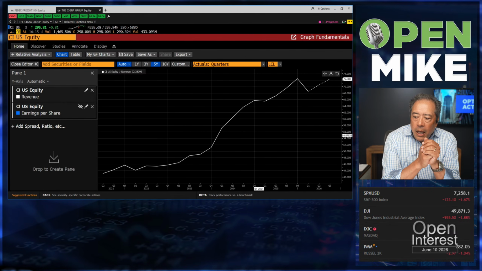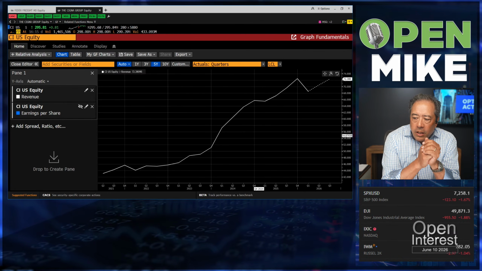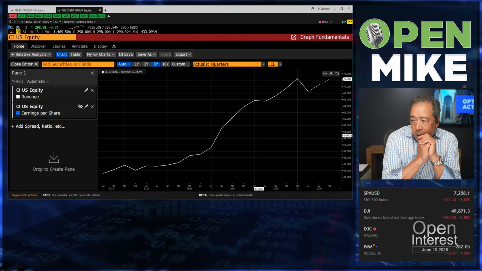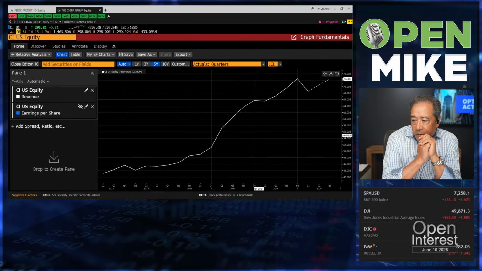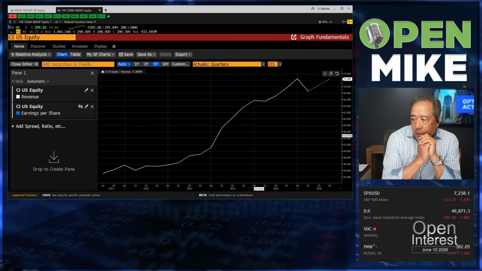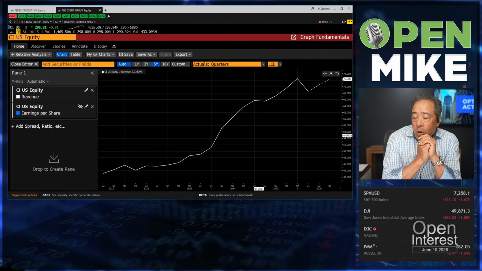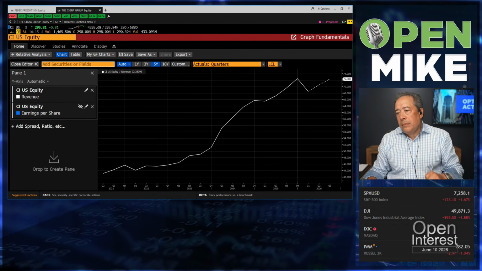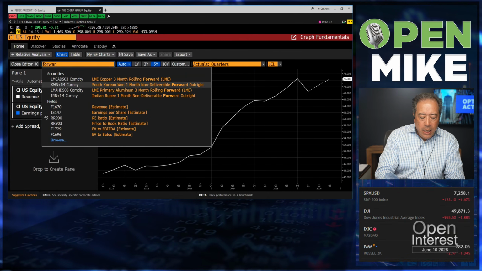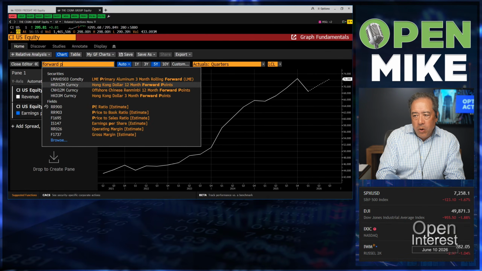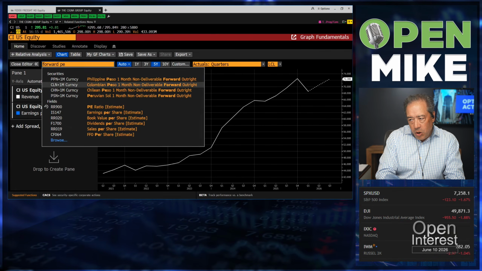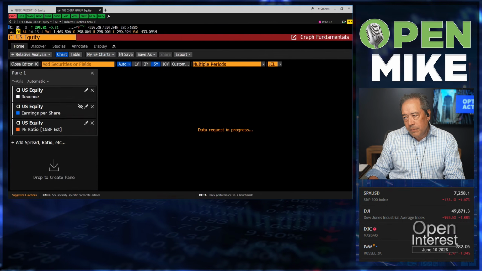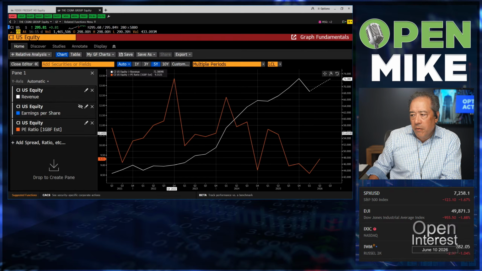But this is the revenue picture over the course of the last 5 years. And you can see that revenues have gone up quite a lot. And this now is the forward price to earnings ratio, again, over the last 5 years.